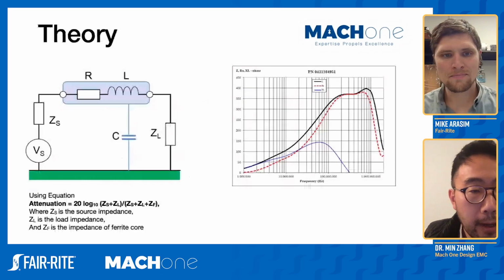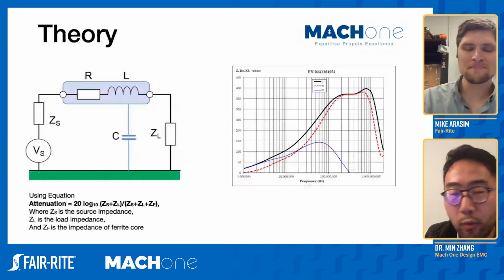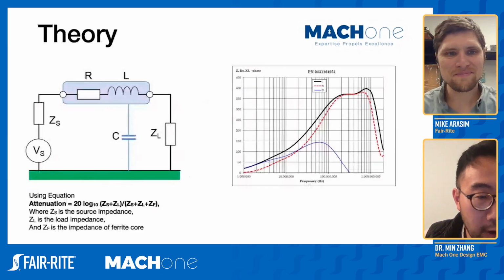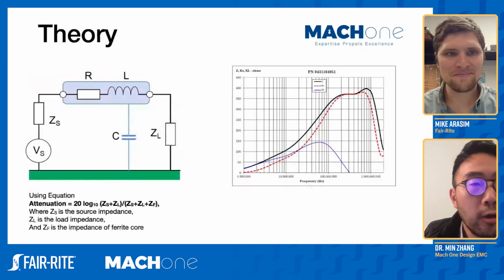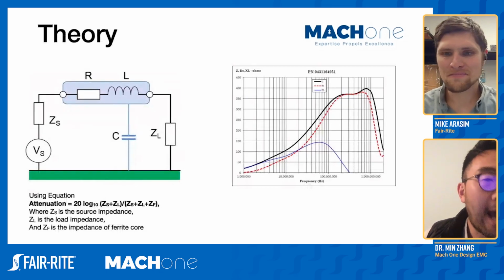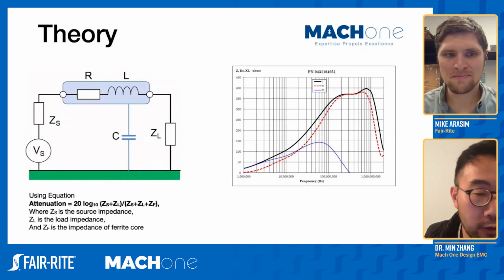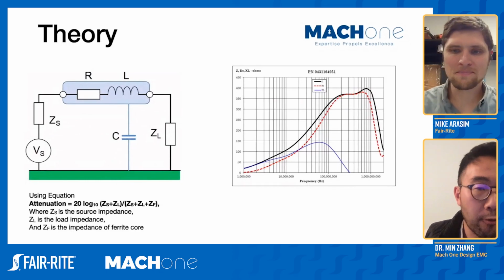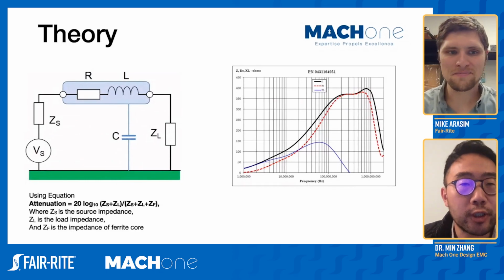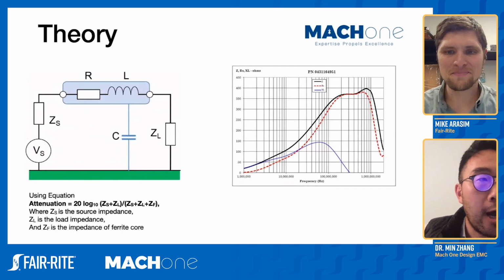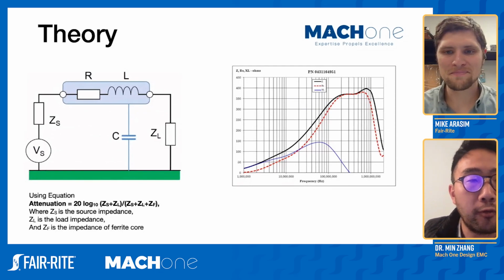Okay, so I guess we wanted to start with the theory first. One of the questions that we often get asked from customers, and I guess the same with you, Mike, is how good is my ferrite material? Or how good can a ferrite core be in terms of insertion loss or attenuation?